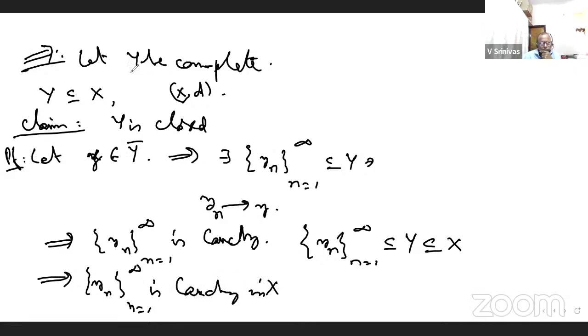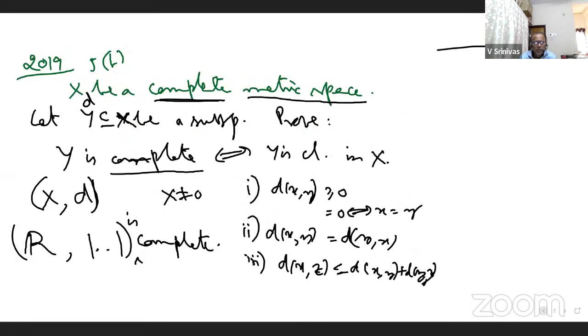Now we have taken X is closed, which in the beginning we took X to be complete. We took X to be complete. Okay. So what happens?